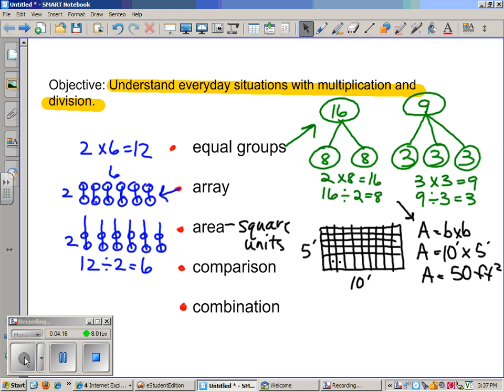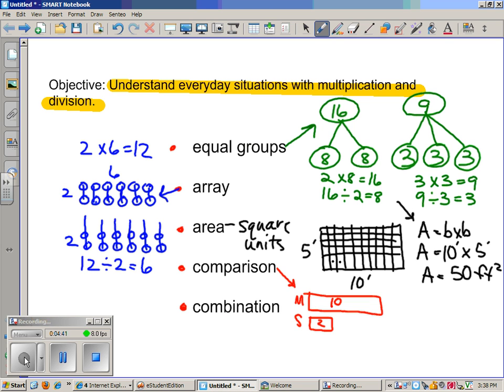And in comparison, we did comparison bars. So maybe I have 10. I'm going to do comparison right here. So maybe I have 10 jelly beans, and my sister has 2 jelly beans. Okay. So how many times more jelly beans do I have than my sister? So my sister's here, I'm right there.